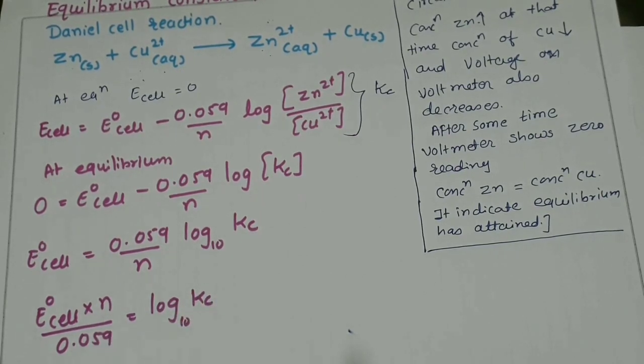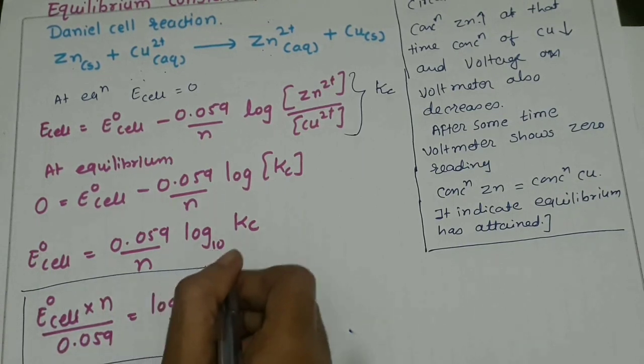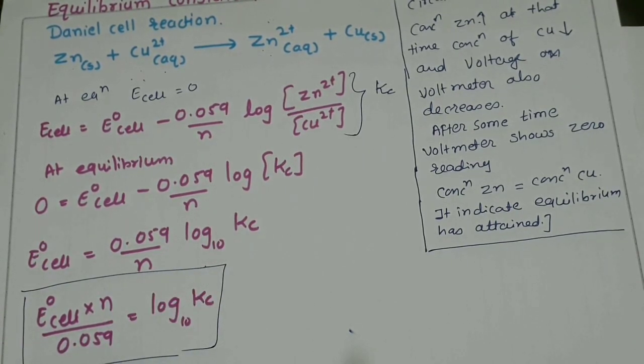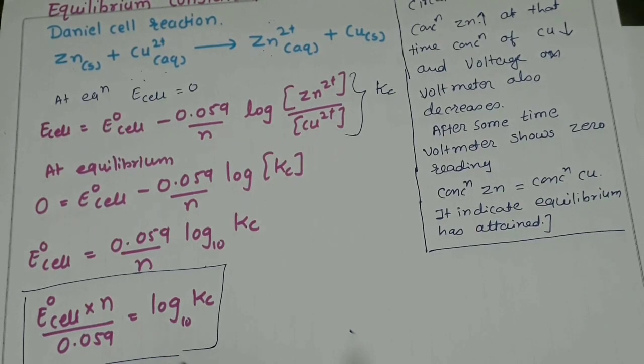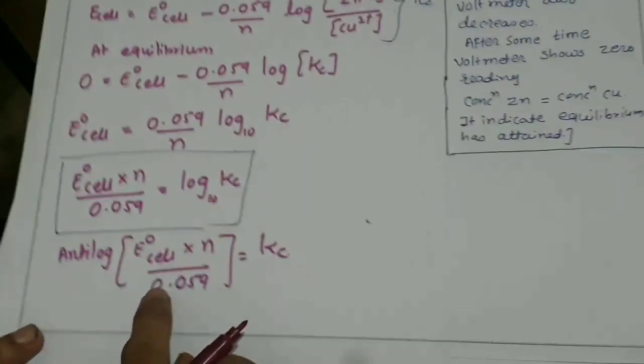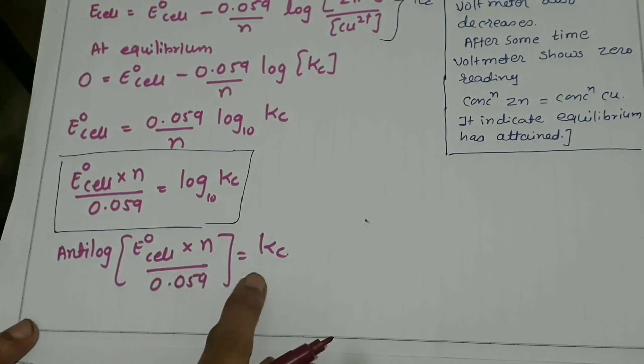To find the value of Kc we have to take the antilog of E naught of cell into n upon 0.059, which is equal to Kc. So this is the formula to find the value of Kc, the equilibrium constant.